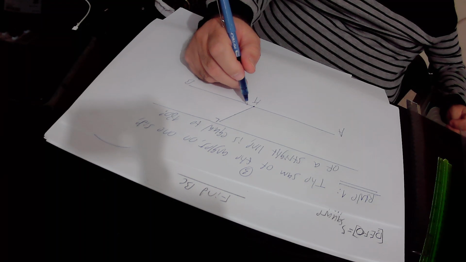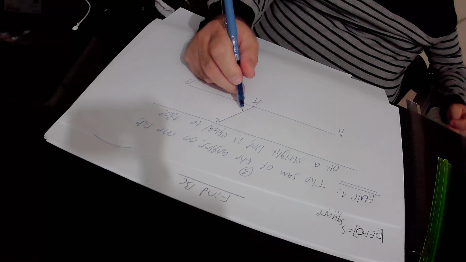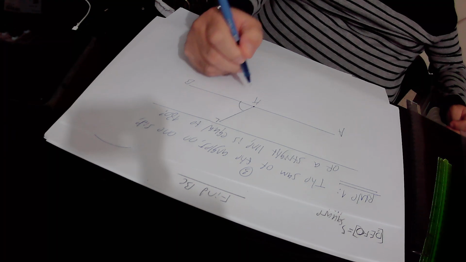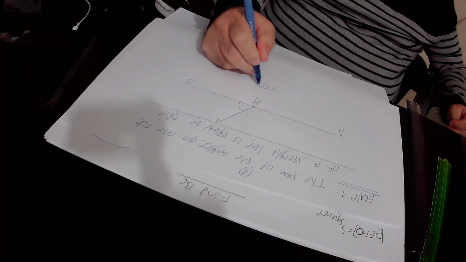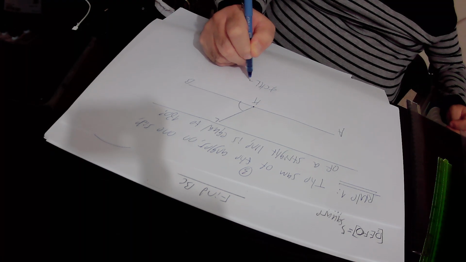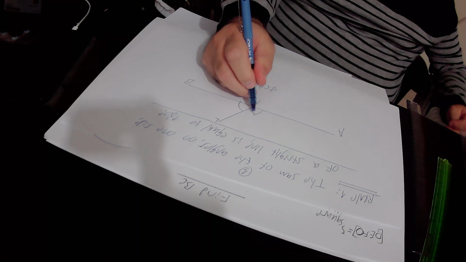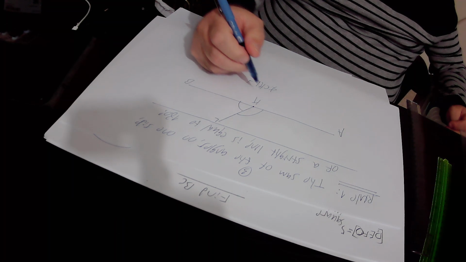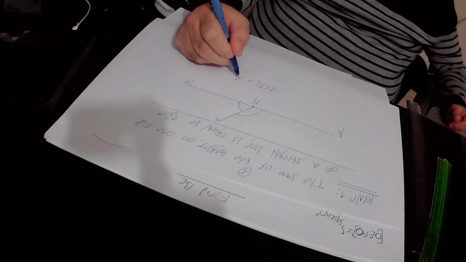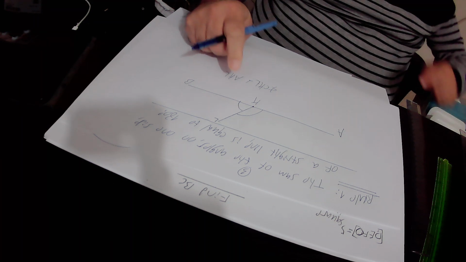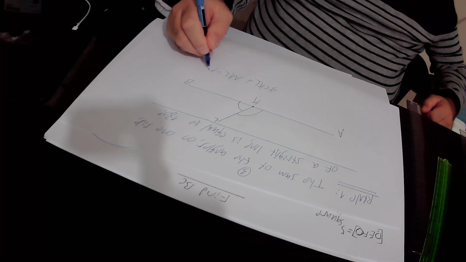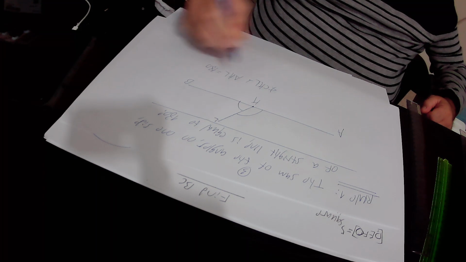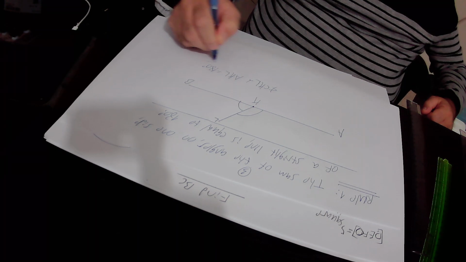We have this angle CKL plus this angle LKA or AKL. In total, the sum of those two angles must be equal to 180 degrees, according to this rule, rule number 1.